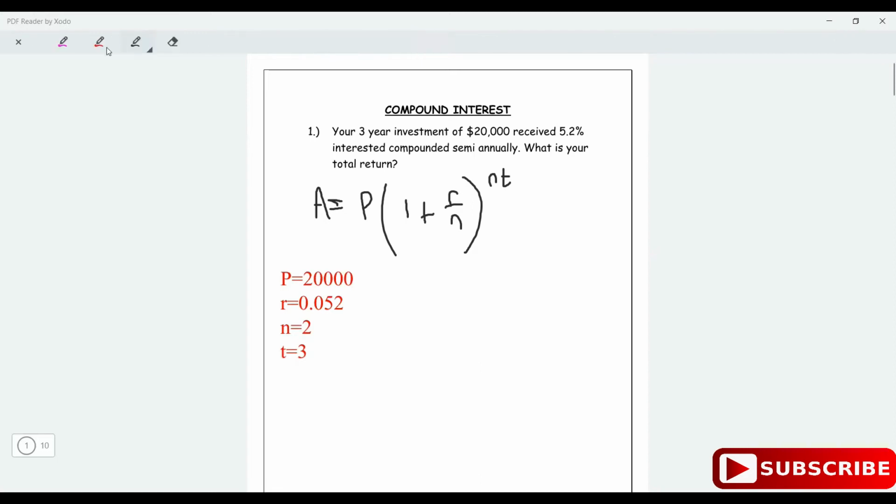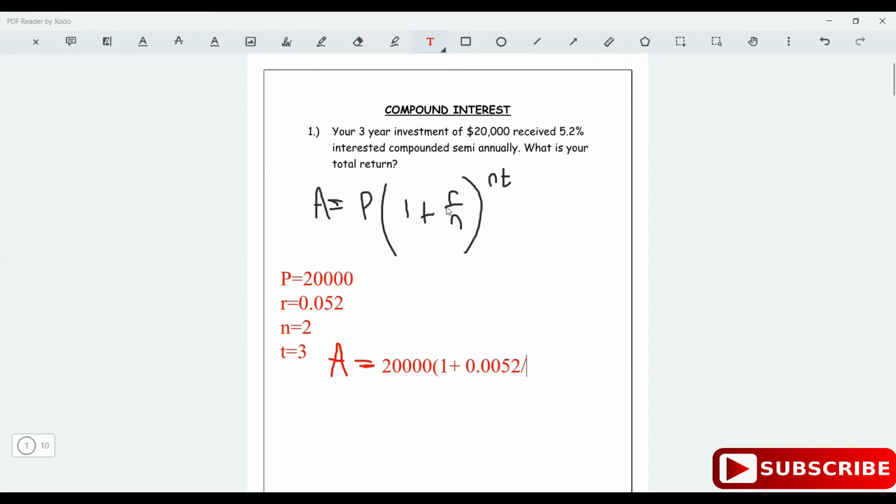So let us calculate your return. The amount, or your return, is equal to your principal, which is 20,000, times, in bracket, 1 plus r over n, which is 0.052 divided by n. N is 2. All of this is raised to the n times t, which is 2 times t. T is 3.